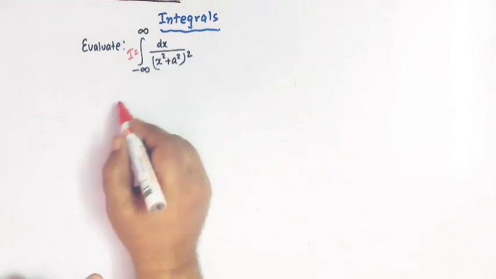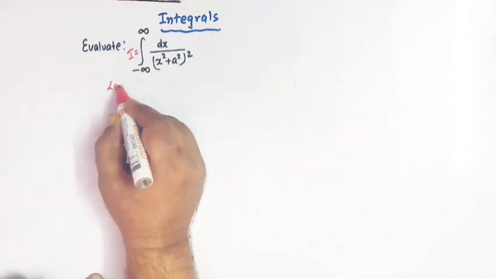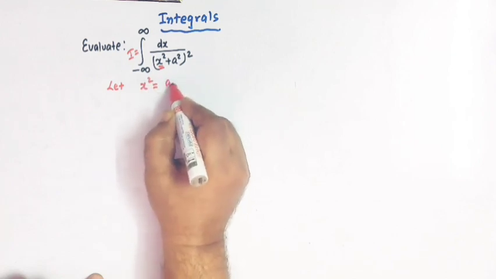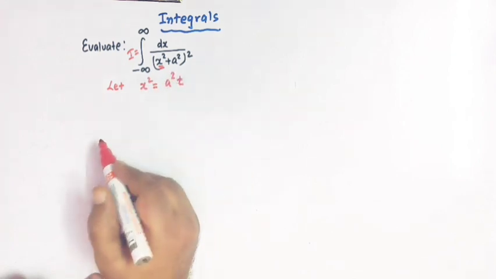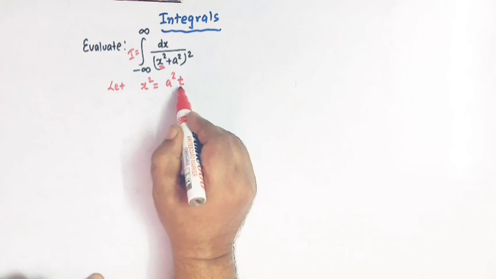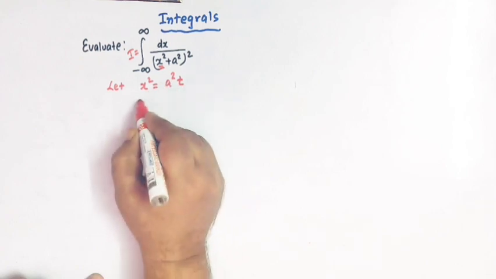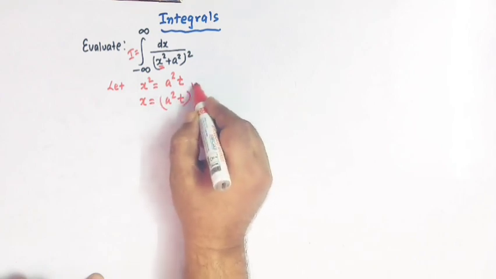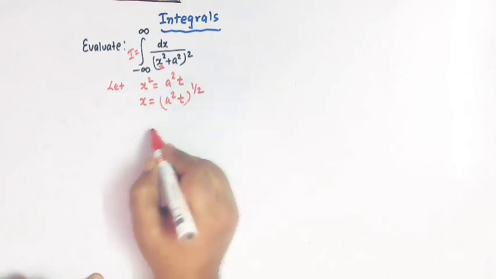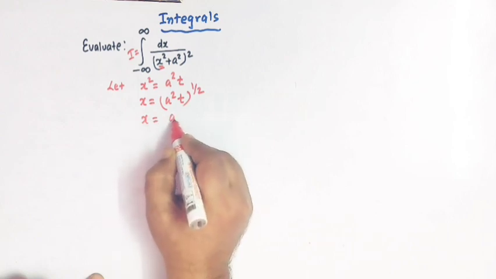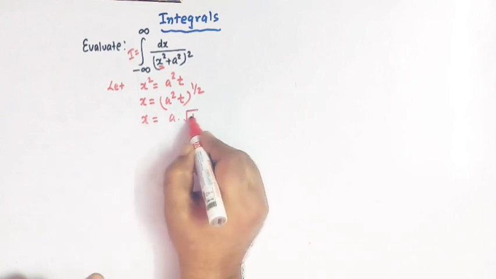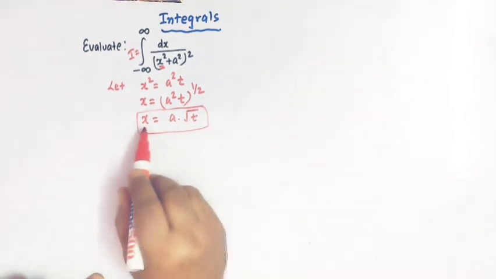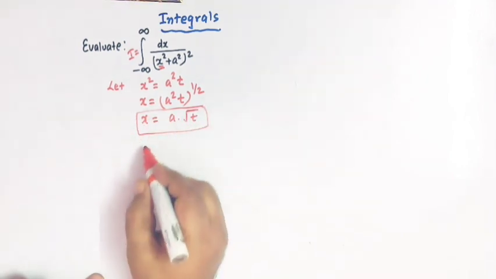Here I will make the substitution that x square is equal to a square t, so t is our new variable. So x can be written as (a square t) raised to the exponent 1 over 2, so x is a times square root of t. Now let us differentiate x with respect to t.